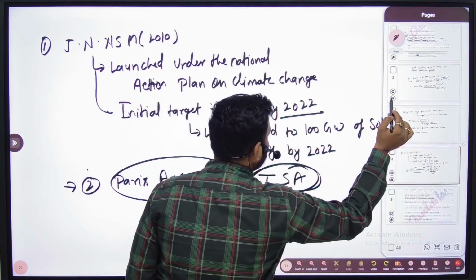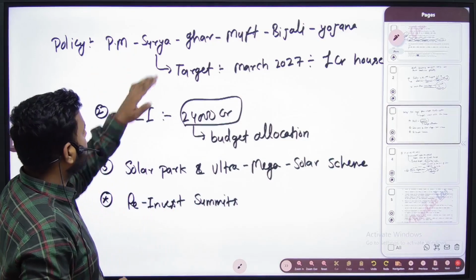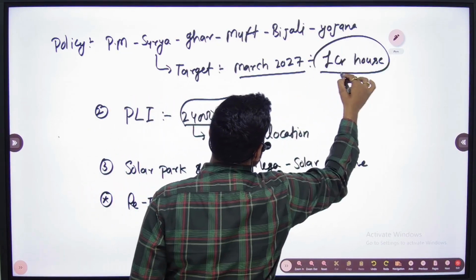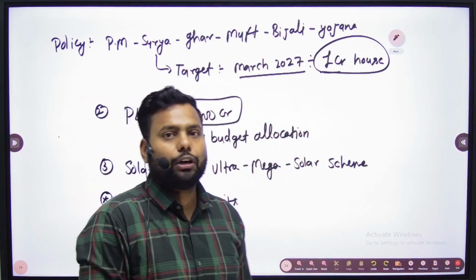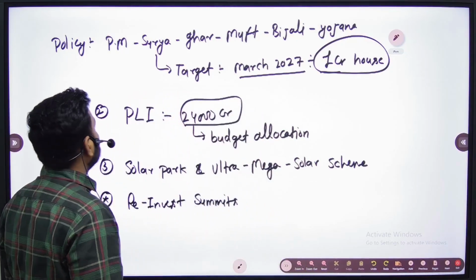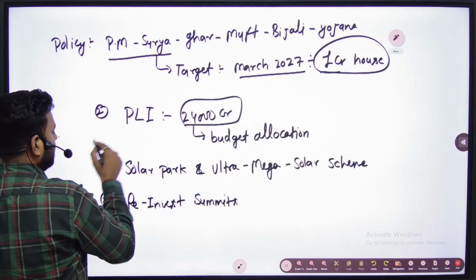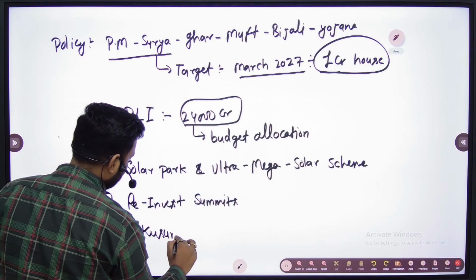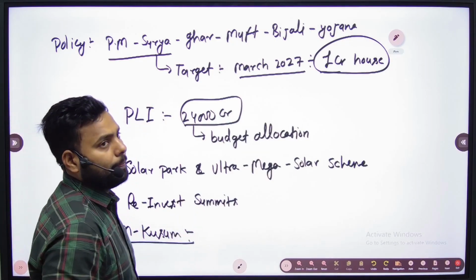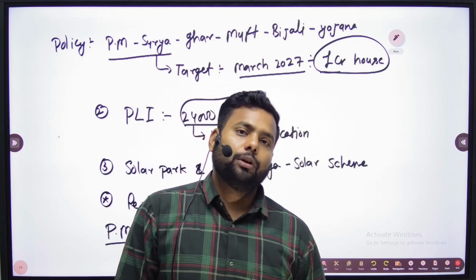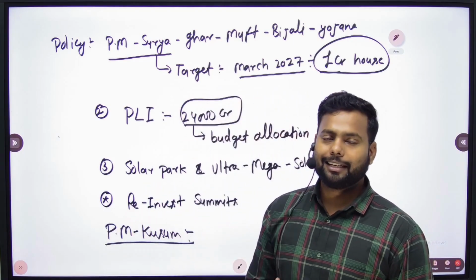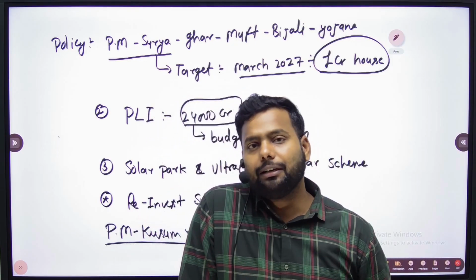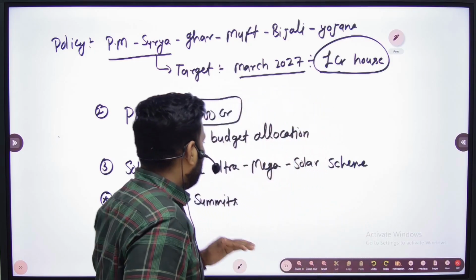नेक्स्ट आप क्या लिख सकते हो इसमें, you should mention the PM Surya Ghar Muft Bijli Yojana, targeted by March 2027, 1 करोड़ houses के ऊपर हमें rooftop solar panels install करने हैं. तो ये एक आप यहां पर बता सकते हो. आप यहां बता सकते हो PM KUSUM, under the PM KUSUM Yojana Indian government is providing solar pump installation for agriculture, enhancing agriculture through renewable energy or solar energy to reduce the dependency on fossil fuel energy.